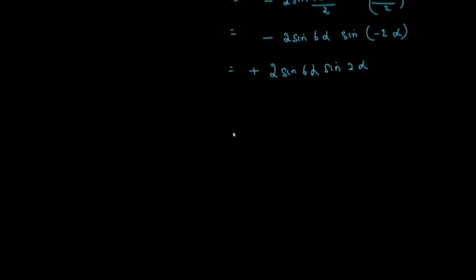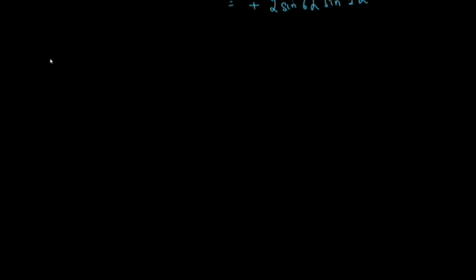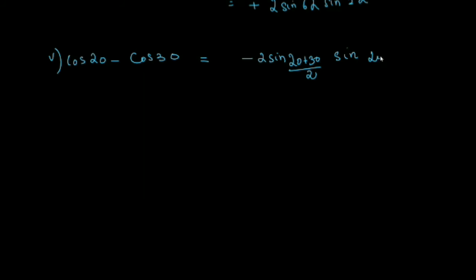Fifth one, cos 20 minus cos 30. So what we should do? What is cos minus cos? Minus 2 sine sine. So add these two, 20 plus 30 by 2, 20 minus 30 by 2.